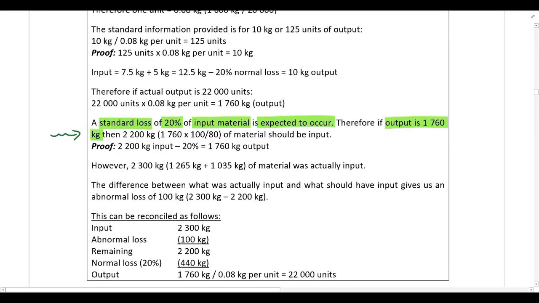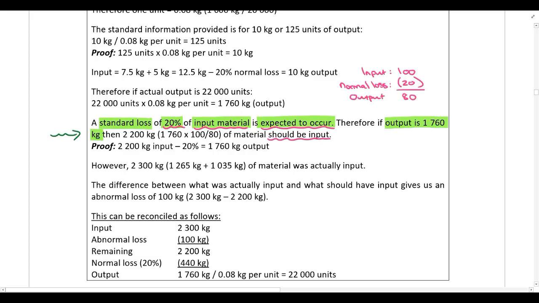So if that's the output and a normal loss of 20% of material input is expected to occur, we can work backwards to calculate what they should input into production. And we do that as follows. Look at this as percentages. What they input is 100%. There's then a normal loss of 20%, leaving an output of 80%.